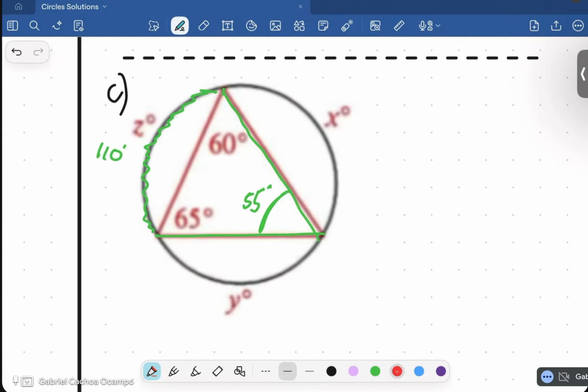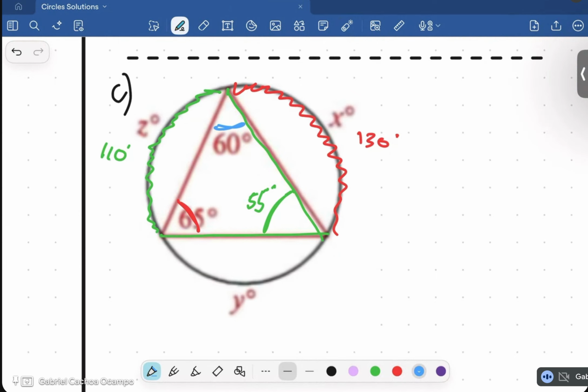And now if this measures 65, then this guy needs to measure 65 times 2, which is 130. And if this measures 60, then this guy needs to measure twice as 60, 120.